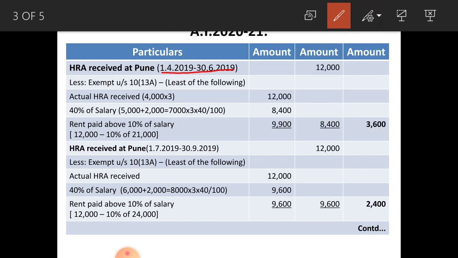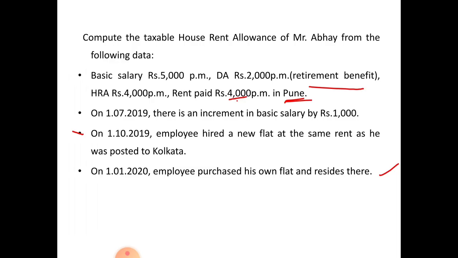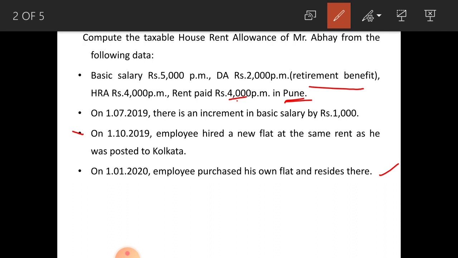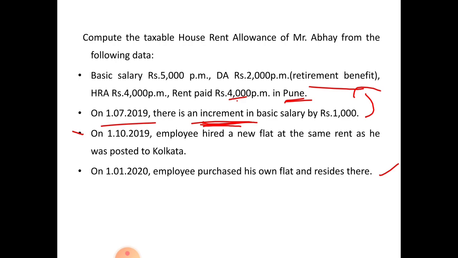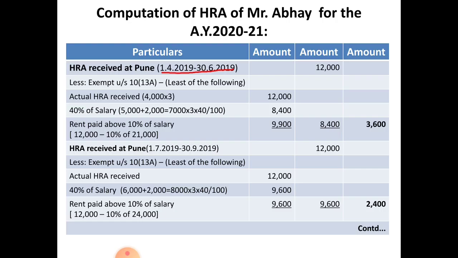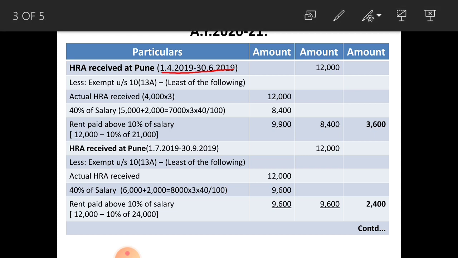Because on 1st July 2019 he got increment, so you cannot calculate HRA for this along with the above, because your basic salary changes here. So first you have to calculate HRA from 1st April 2019 to 30th June 2019.